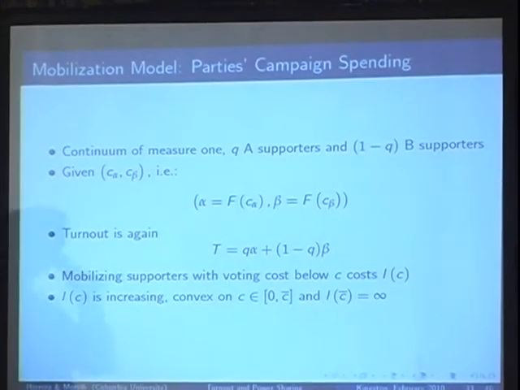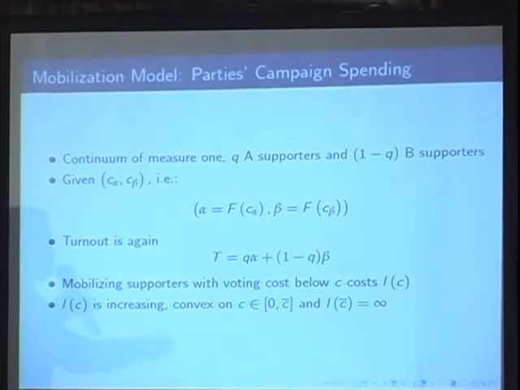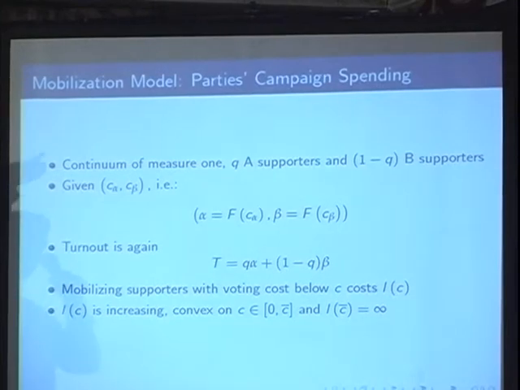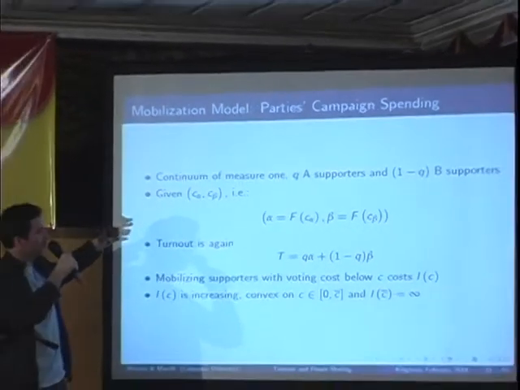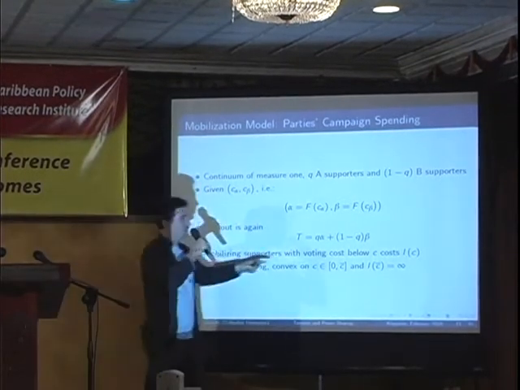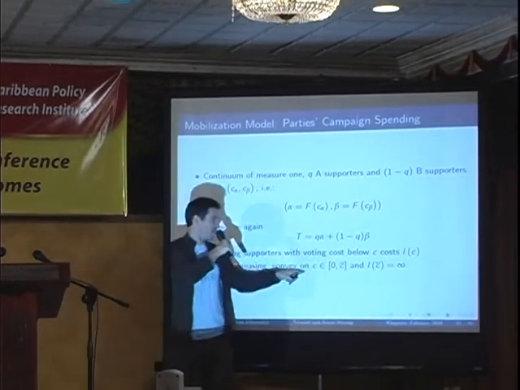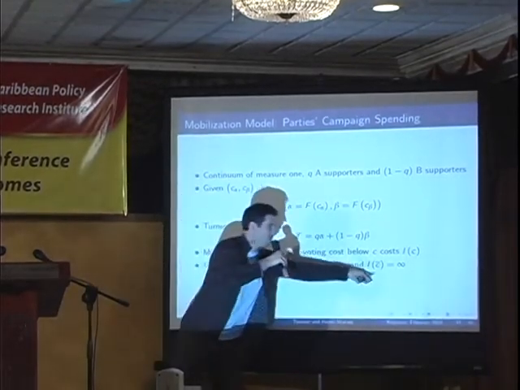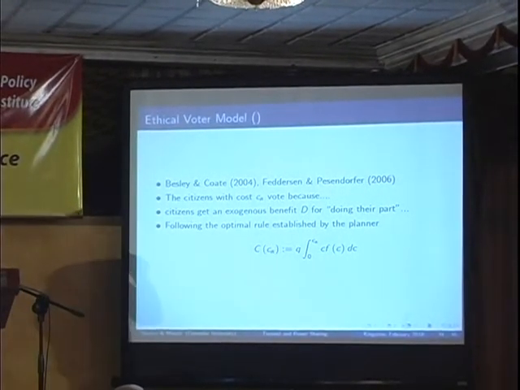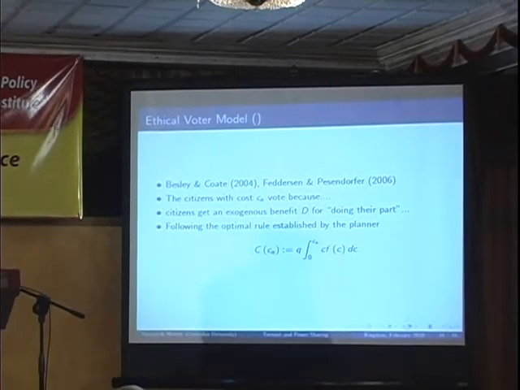Okay? So to look at that, we might want to look at two different models of how people overcome this free rider voter problem, which are the mobilization model, say, in which there's two parties, they're just mobilizing voters to vote, and the more voters they mobilize, the more it's costing them. I'm assuming this cost is increasing and convex, okay, and you can't turn out everybody. And the ethical voter model ends up being similar.